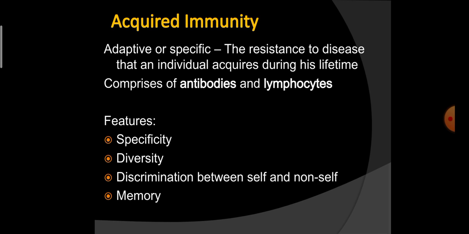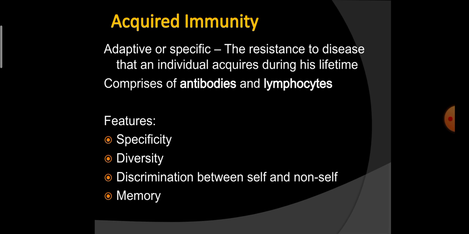Okay, now, discrimination between self and non-self. I told you acquired immunity is immunity developed during the lifetime. In that time, the self cells, that means the body's own cells, and the non-self, that is foreign particles, are differentiated.